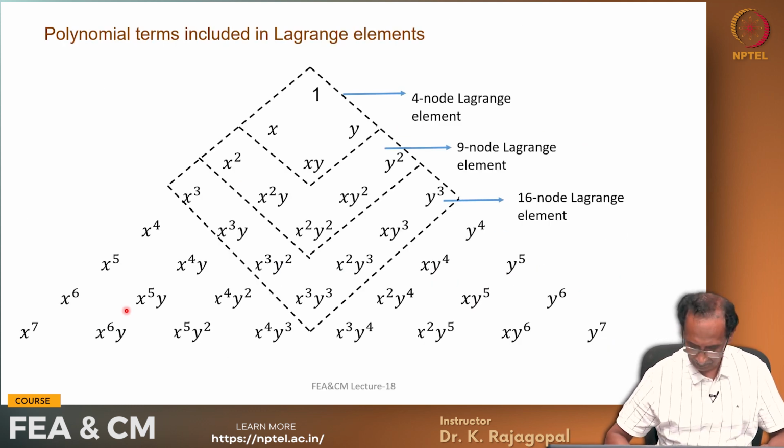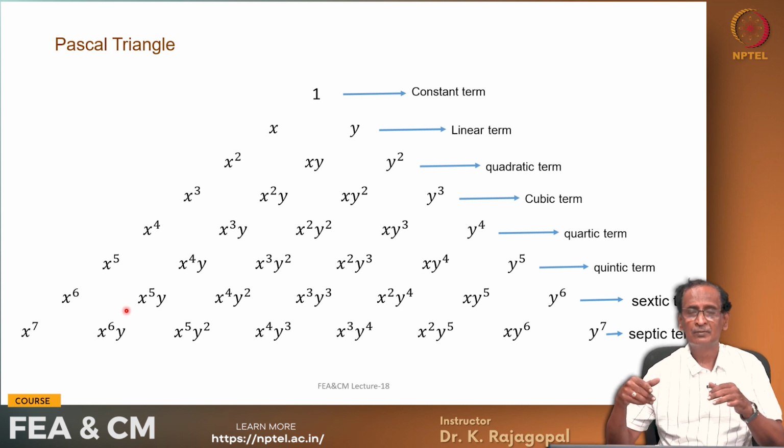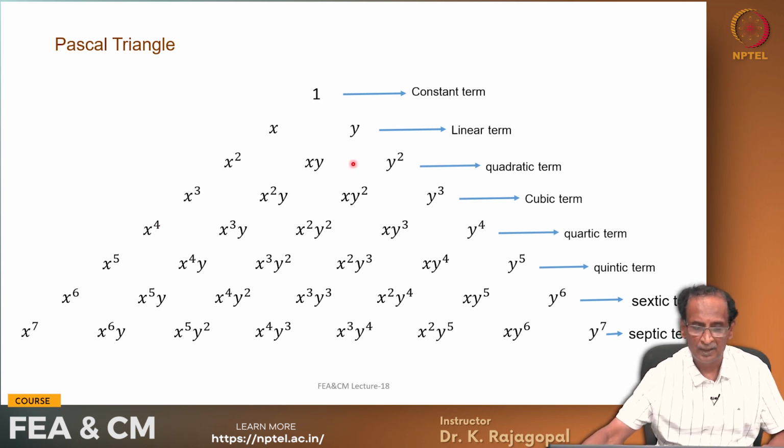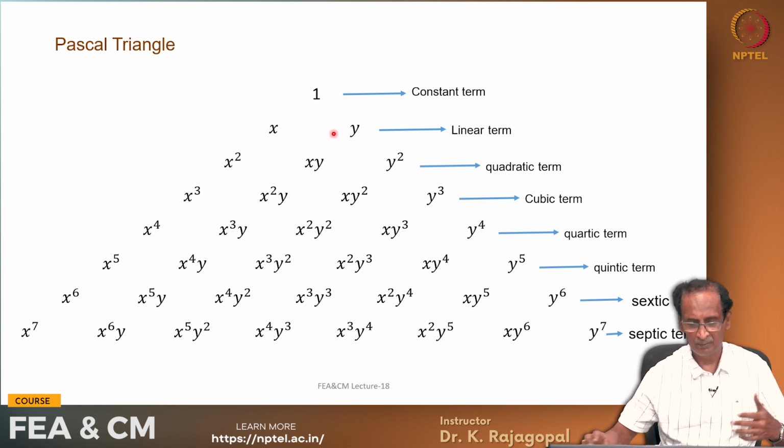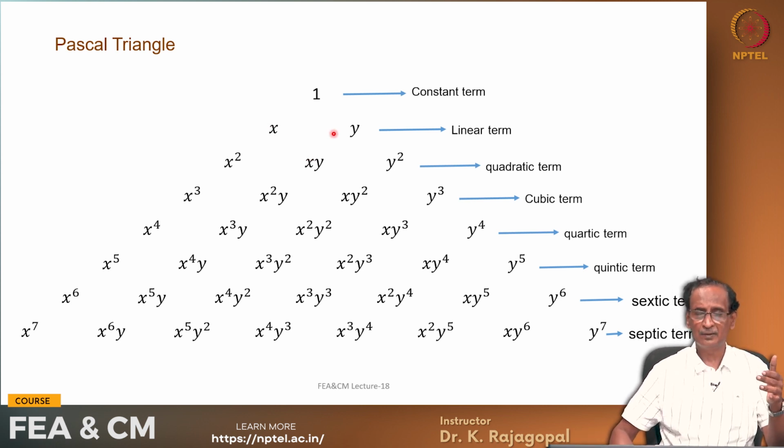And when we choose the number of terms, we have to carefully examine the Pascal triangle in choosing the terms, and this particular one is given in terms of Cartesian coordinates x and y, but you can write the same thing in terms of natural coordinates xi and eta.